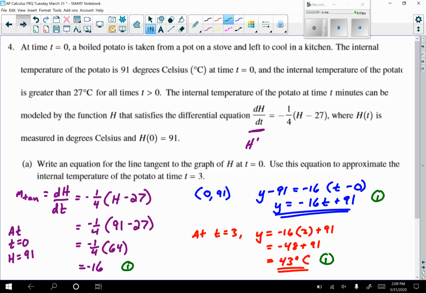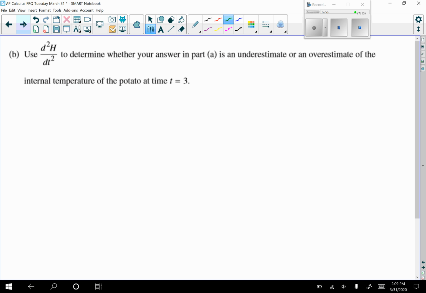All right, for part B, it says use the second derivative to determine whether our answer in part A is an underestimate or an overestimate of the internal temp of the potato at time t equals 3. So again, dh over dt is negative 1/4 times the quantity h minus 27. All right, so our second derivative, we don't really need to use a product rule here because we have a constant out in front, so it becomes negative 1/4.